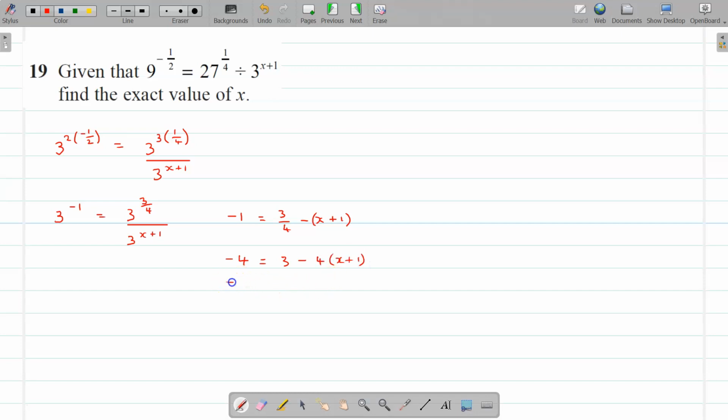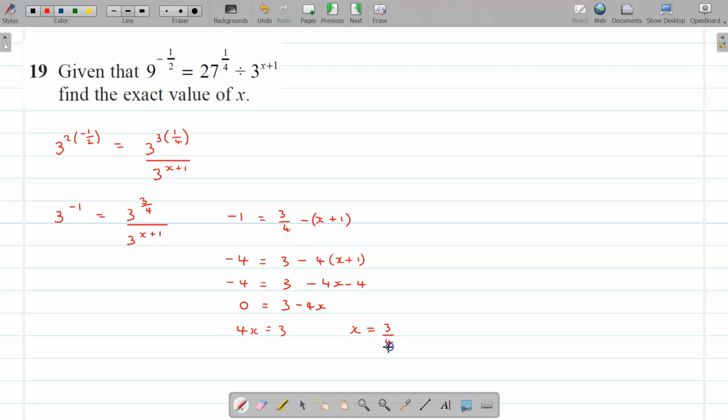Multiply out those brackets: −4 = 3 − 4x − 4. Add 4 to both sides: 0 = 3 − 4x. Take 4x from both sides: 4x = 3, and therefore x must be 3/4. And that's the answer.